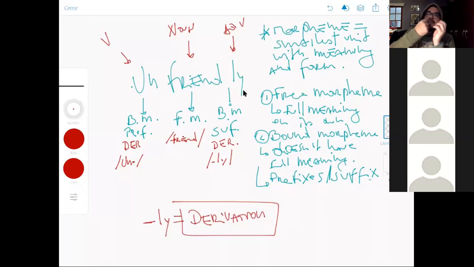O sea, se generan unos features, y estos features son derivation, inflection o compounding. La relación entonces es que el stem es el free morpheme, que al momento de colocarle un bound morpheme se va a producir inflection o derivation. Ya, gracias. ¿Alguna otra pregunta antes de avanzar?